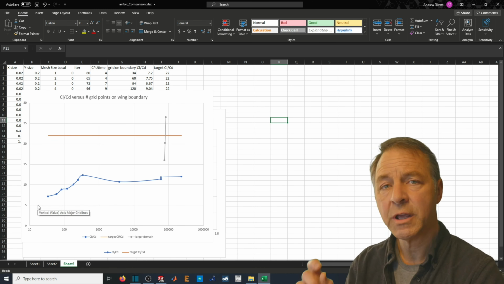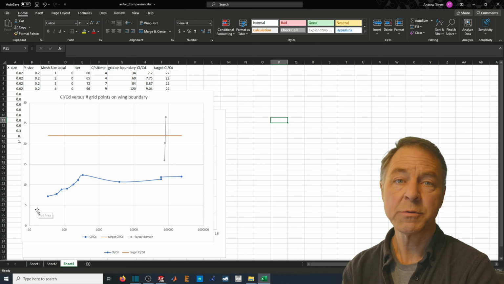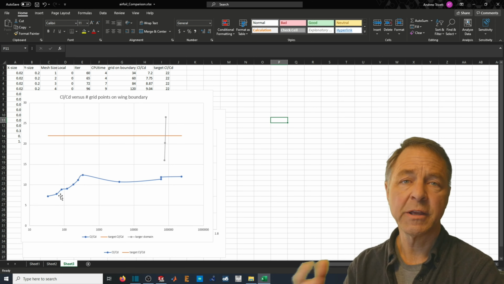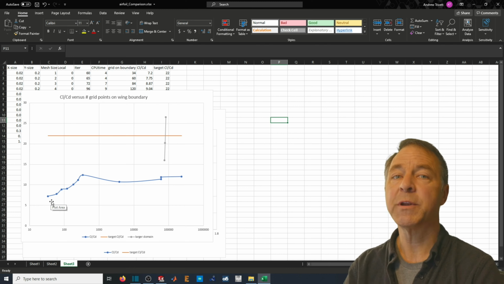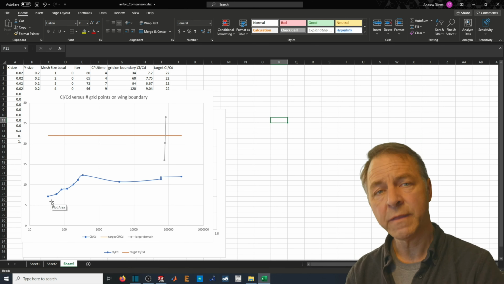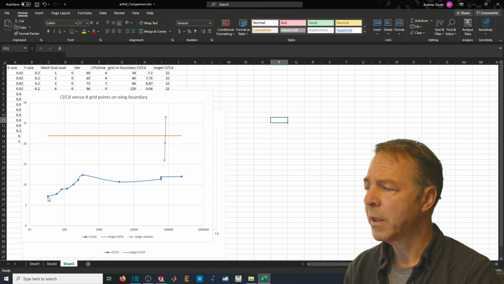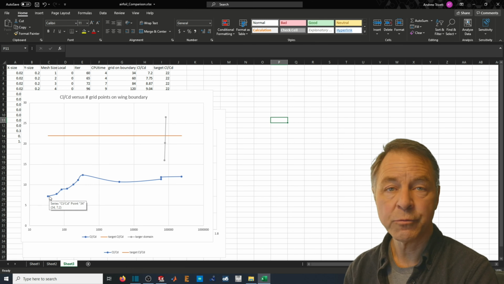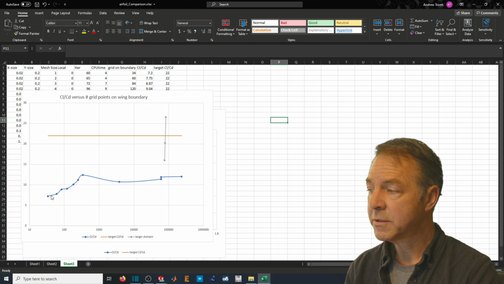So I focused on how many grid points were close to the wing. I didn't do this on the basis of how many total grid points there were in the volume. That would look similar. And you can see that as I increased the number of grid points close to the wing, certainly the calculation increased dramatically.